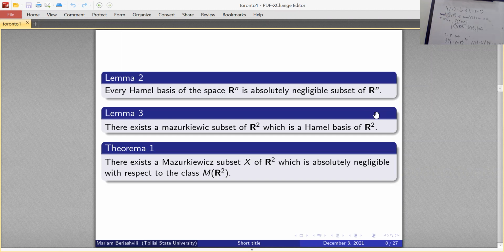Now we may define such a set, like C, which will be like C union T, where T is a subset of LC.